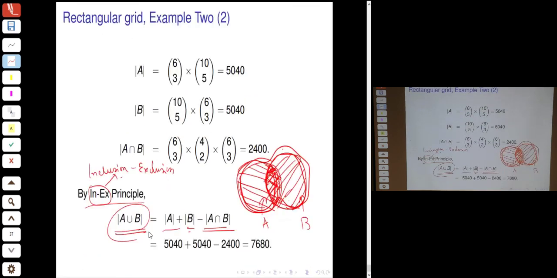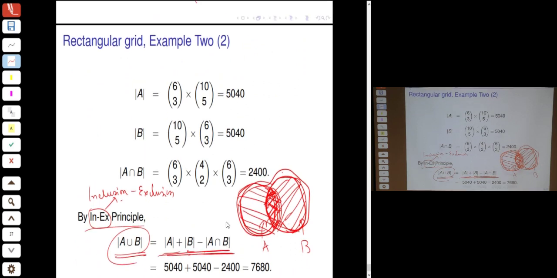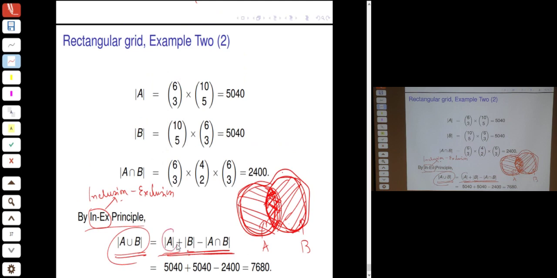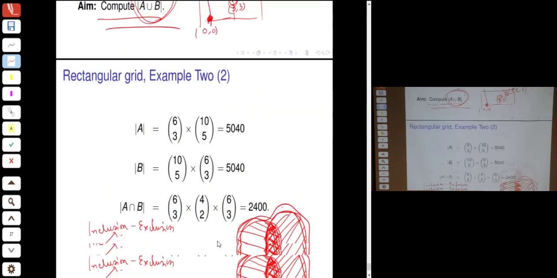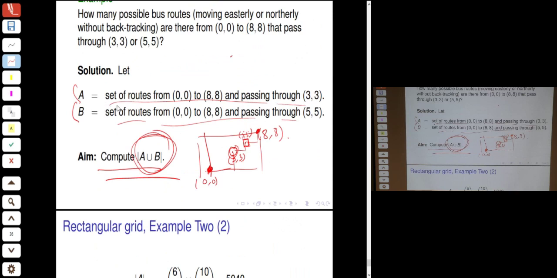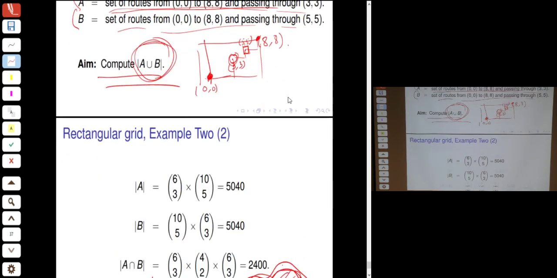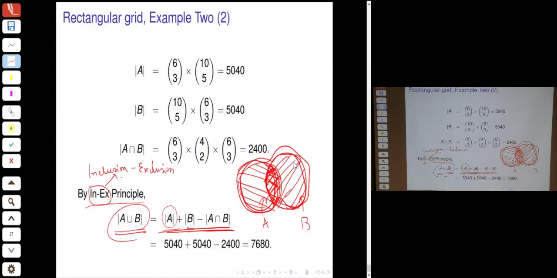So using the inclusion-exclusion principle, which is using this formula, you can reduce yourself to counting the size of A, which is the number of paths from (0,0) to (8,8) that pass through (3,3), plus the size of B, which is the number of paths from (0,0) to (8,8) which pass through (5,5), minus the intersection, which is the number of paths from (0,0) to (8,8) which pass through both (3,3) and (5,5).